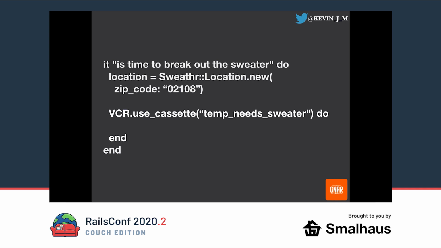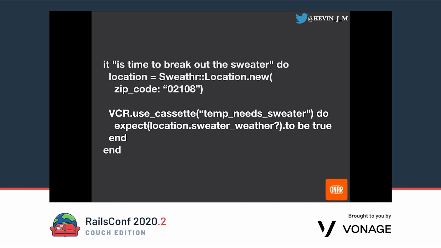So what VCR is going to do is it's going to look for the existence of a fixture, which it calls a cassette. And the first time this test is run, we're not going to find one. So we're going to issue an actual API request to the real weather API and get an actual response back.